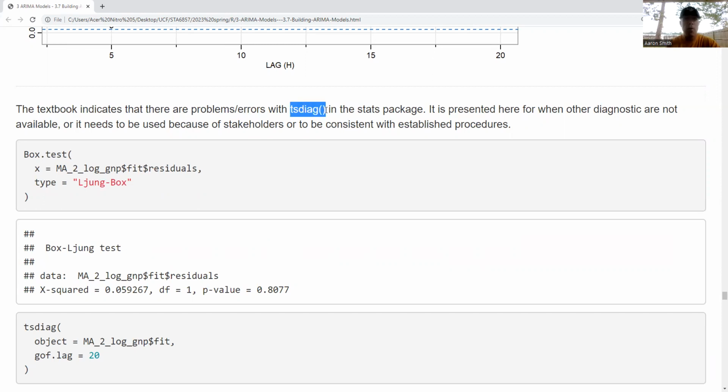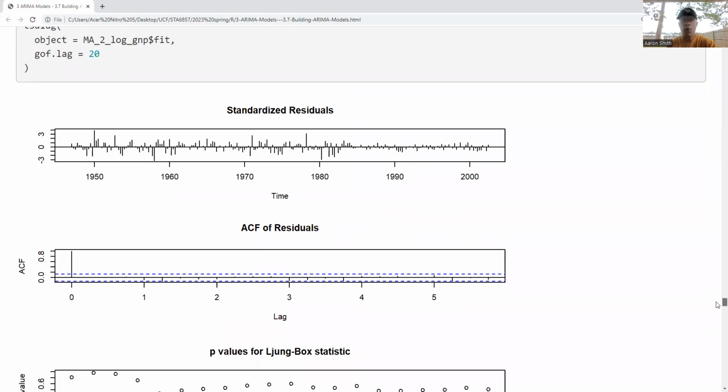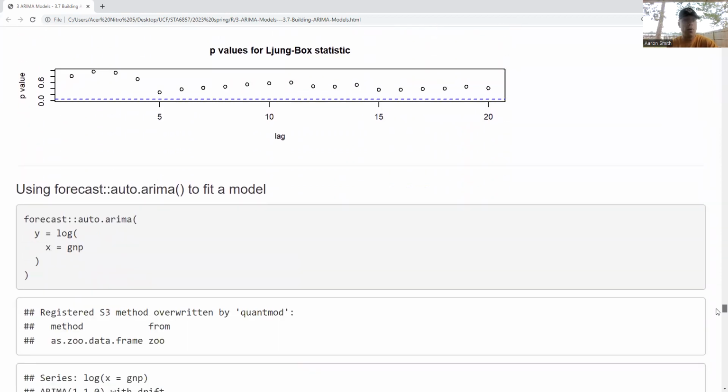Time series diagnostics is in the stats package. The author of the textbook states that there are problems with this and there are some bugs, so we should not use it if we don't have to. There's also the Box test that we can run with this. But honestly, the astsa package is better for running our diagnostics.